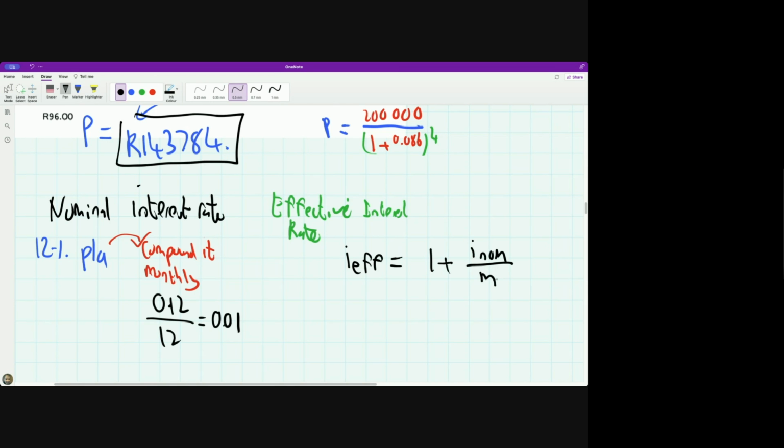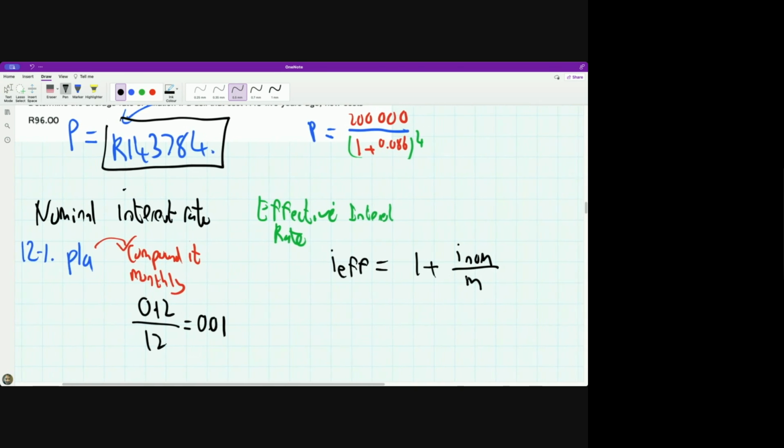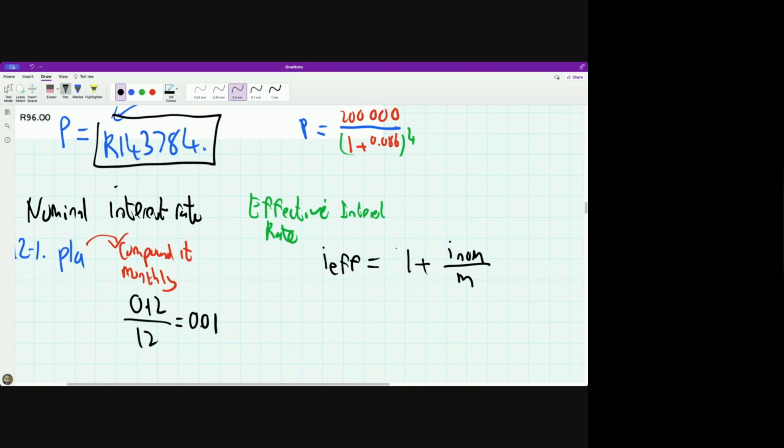So if you're compounding monthly, you would divide by 12. Then you take this expression and raise it to the power of m. And then you take away 1.